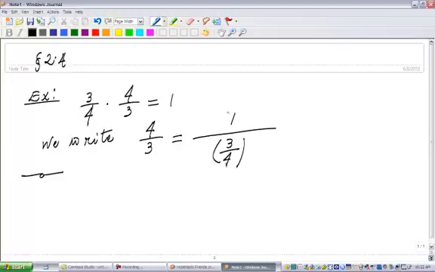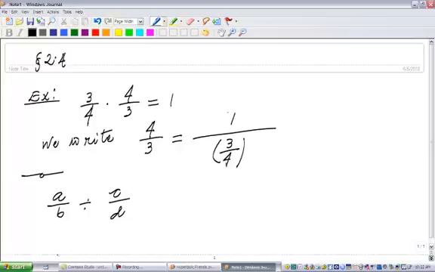Now we want to talk about how you divide fractions. How do I divide one fraction by another fraction? Suppose I have a fraction a over b and I want to divide that by another fraction c over d. Dividing by a number is the same as multiplying by its reciprocal. Suppose I want to divide a number by 2.